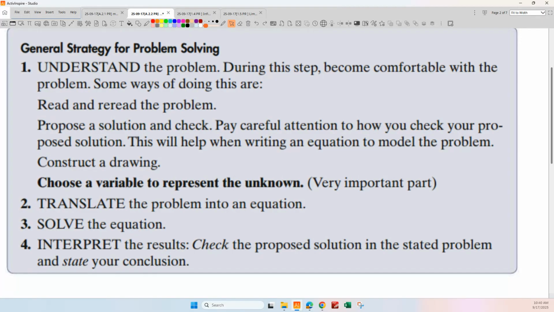Now, part of that is you can't just read something once and assume that you're going to completely understand the problem. You got to read it and reread it, maybe make a drawing if possible. The further you go in math or in applications of math like physics or engineering, the more this is important.